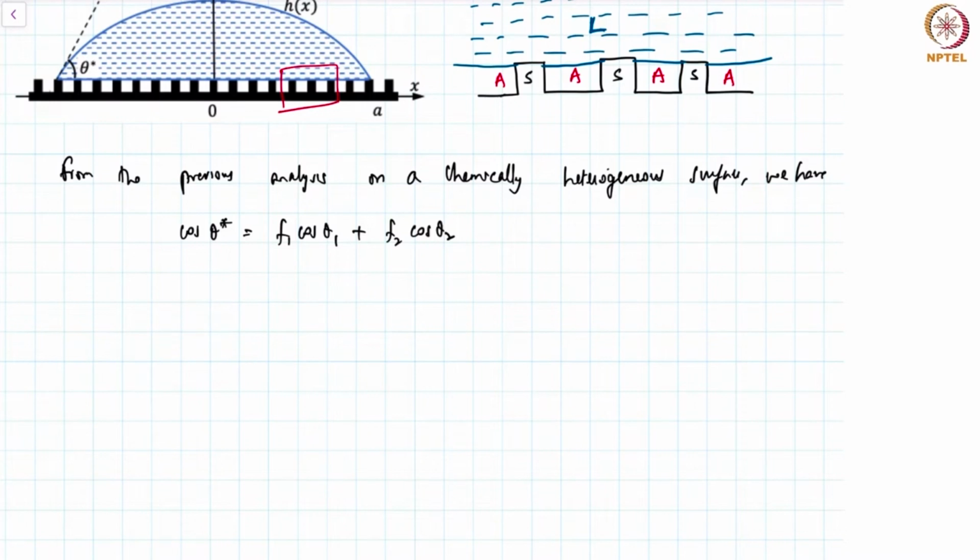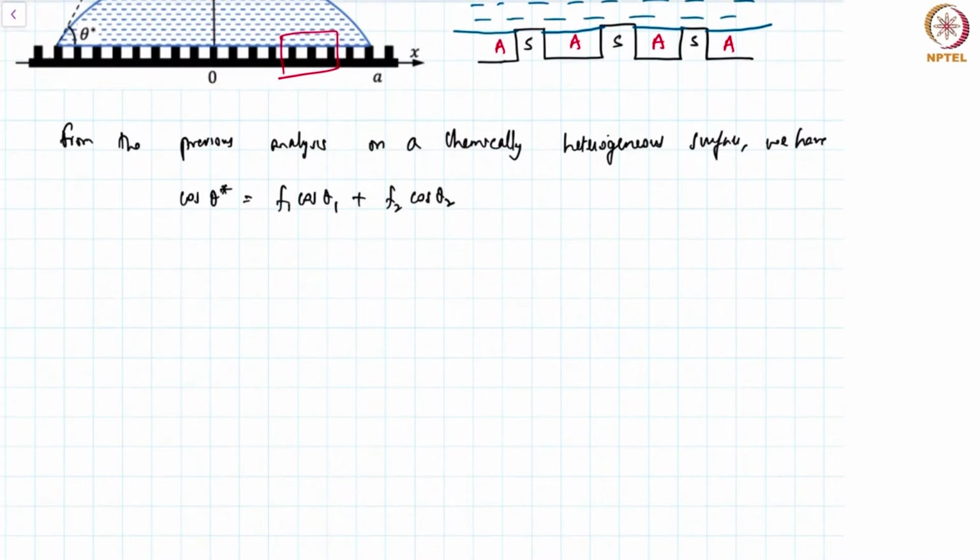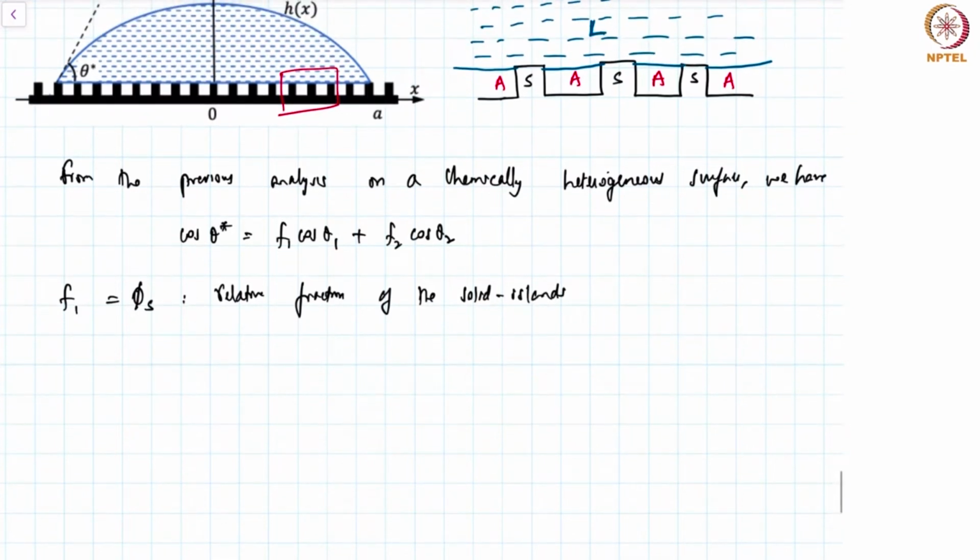Now what we can do is we can simply say f1, let's call it phi s, and this is nothing but the relative fraction of the solid islands, or the upper surface of the pillars. In other words, I'm highlighting these regions here.